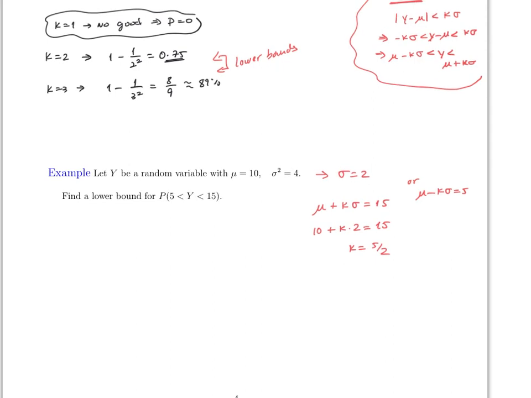Therefore, this is equivalent to saying the probability that the absolute value of y minus 10 is less than or equal to 5/2 times 2, where this will be k. And by Chebyshev's theorem, this is at least 1 minus 1 over k squared, which will be 1 minus 0.16 or 0.84. So that's the probability. Remember that that's a lower bound. It could be higher than that, but this is the smallest that it has to be.